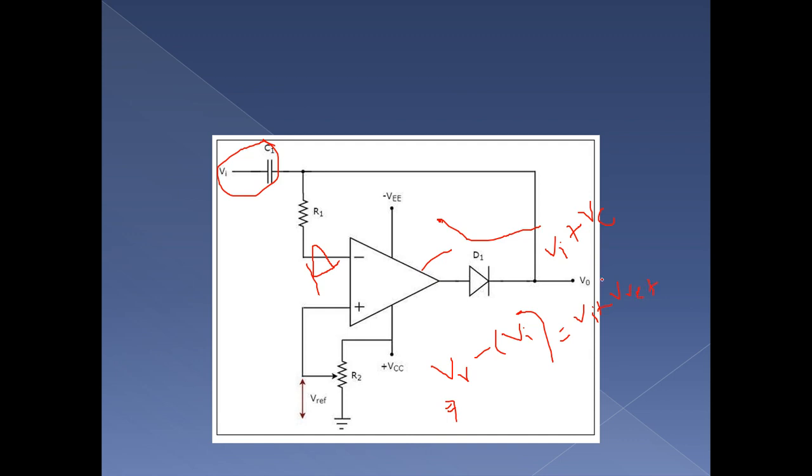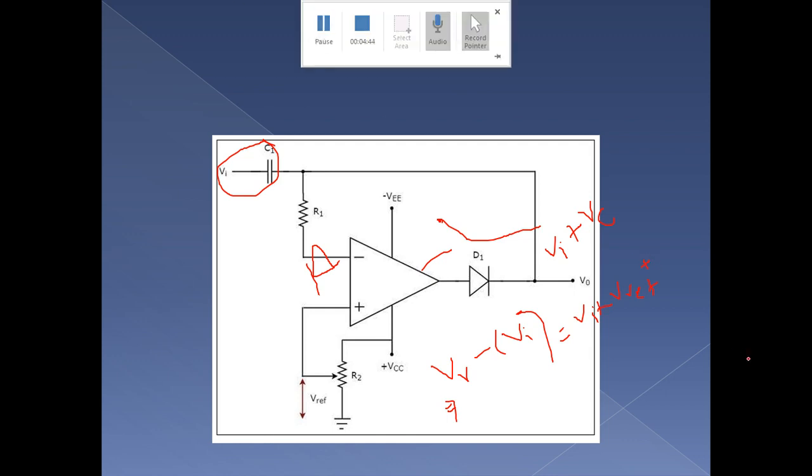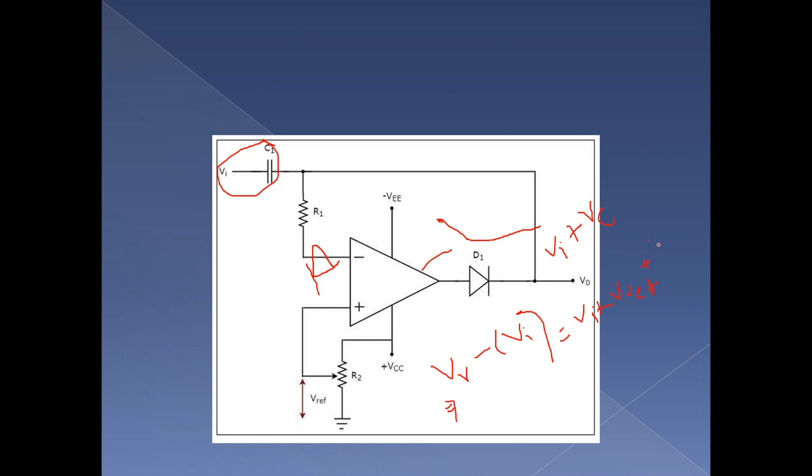Already we have seen the capacitor voltage is V reference plus Vm. So the final output voltage is V0 equal to Vin plus V reference plus Vm. This is how we will be getting the output side.